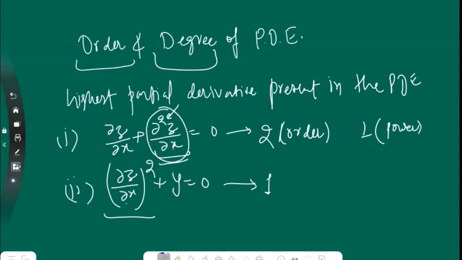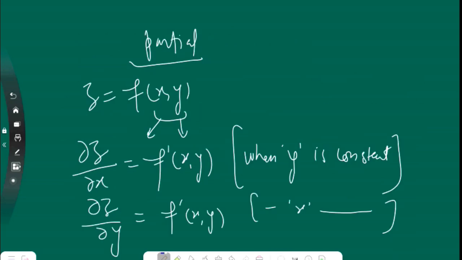And in this case the order is 1 because we have differentiated it only 1 time, and the power is 2. So this is the order, and 2 is the power of the PDE. So I hope you have understood it. Let's revise it once again.